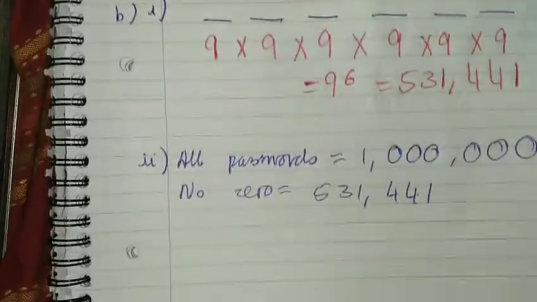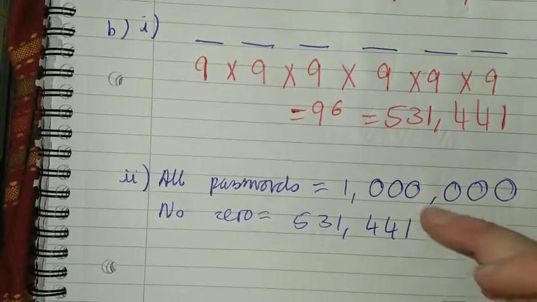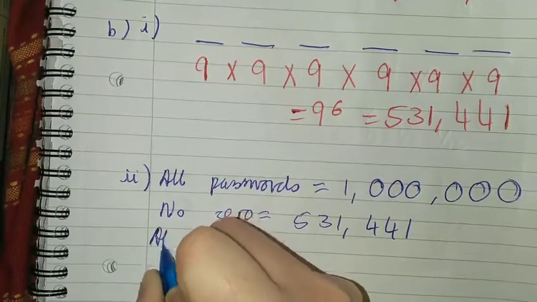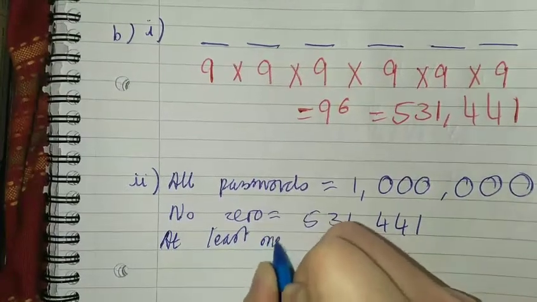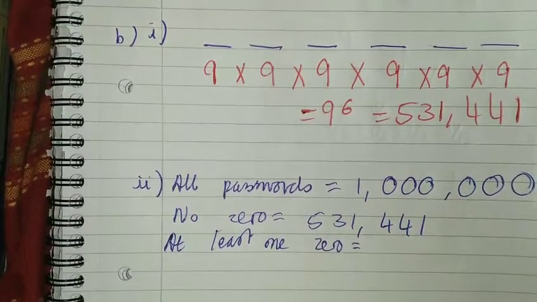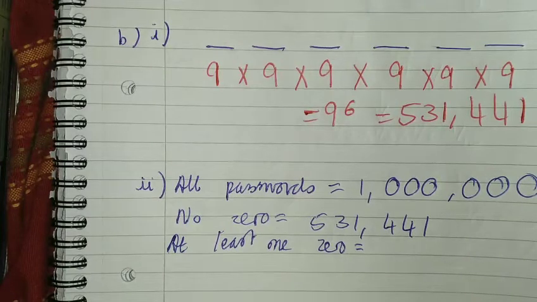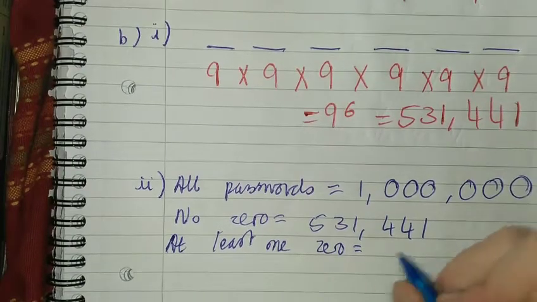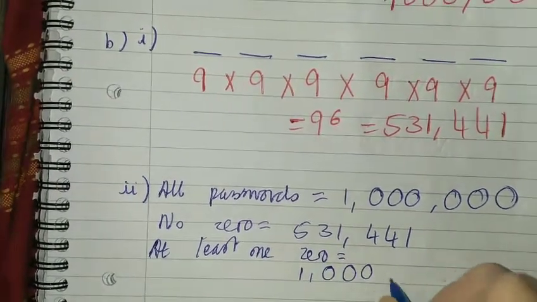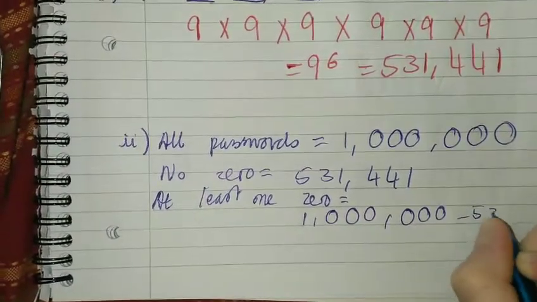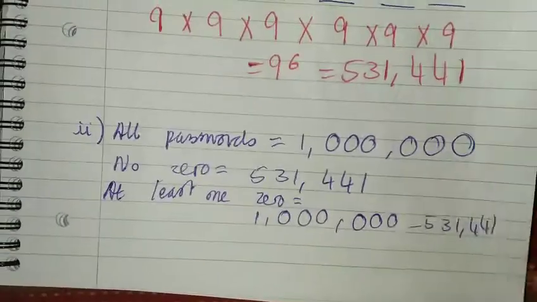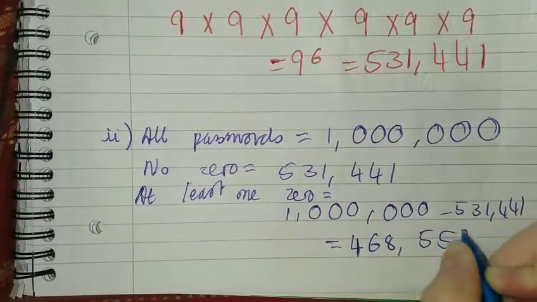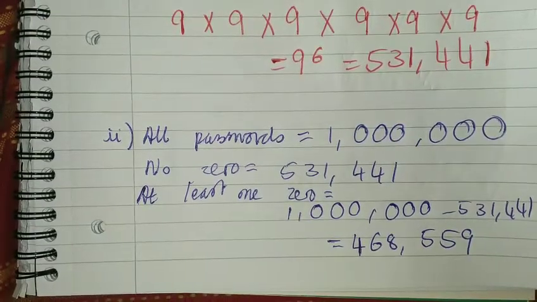So if we want to get the number of passwords that have at least 1 0, we can subtract the ones that contain no 0 from all the passwords. That gives us 468559. So this is the number of passwords that contain at least 1 0.